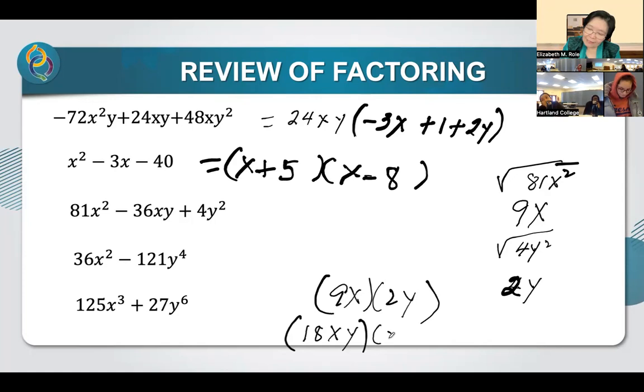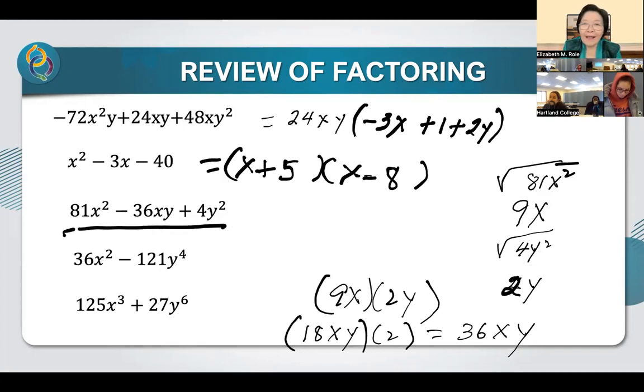If we multiply that by 2, it is 36xy, right? Which is your middle term. So therefore, we call this a perfect square trinomial.